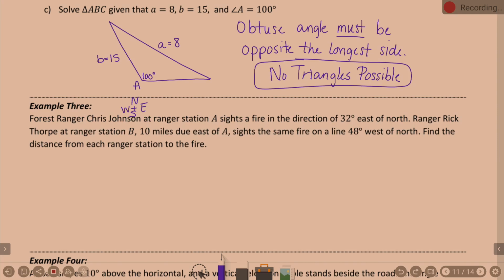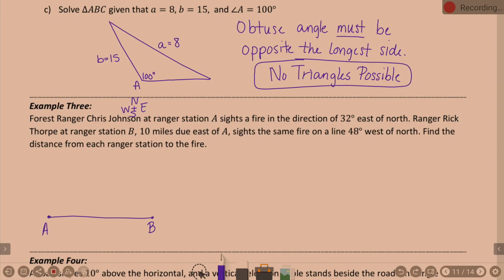So with that in mind, I'm going to put A and B on the same horizontal. Now, which one's which? B is east of A, so B's the right one.